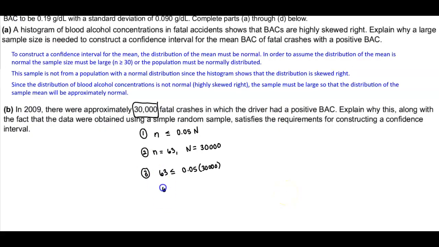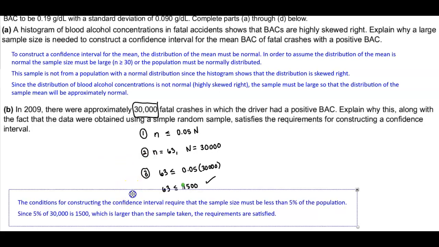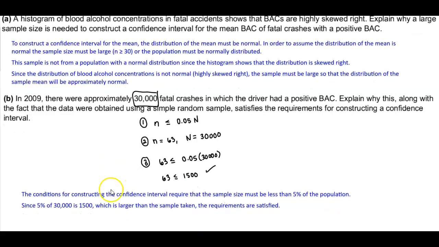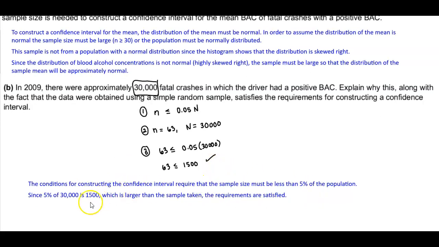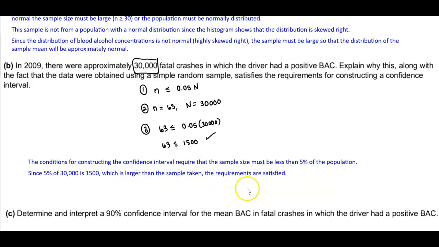So 5% of that 30,000 gives us 1,500, which checks. So therefore, we can say that the conditions for constructing a confidence interval require that the sample size must be less than 5% of the population. And since 5% of 30,000 is 1,500, which is larger than the sample taken, the requirements are satisfied.